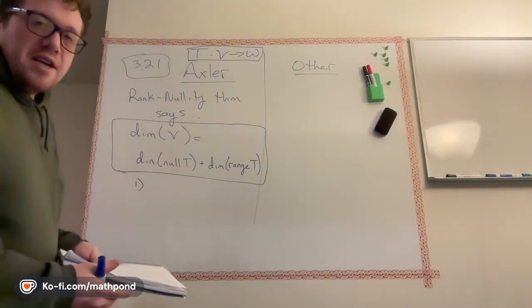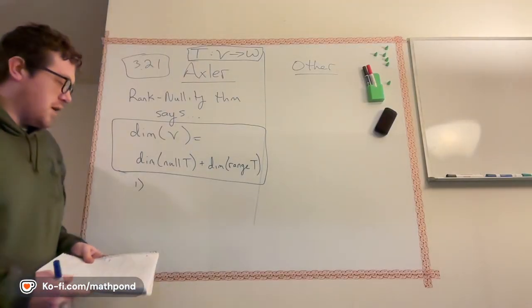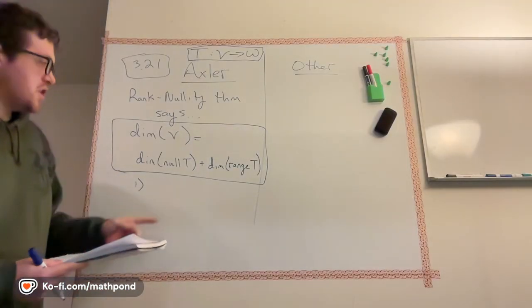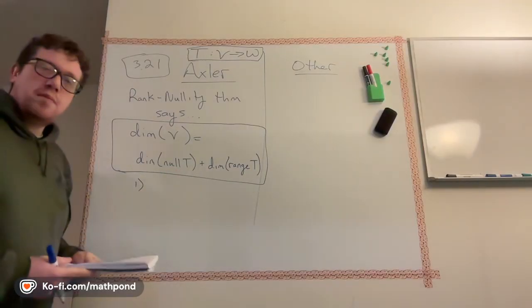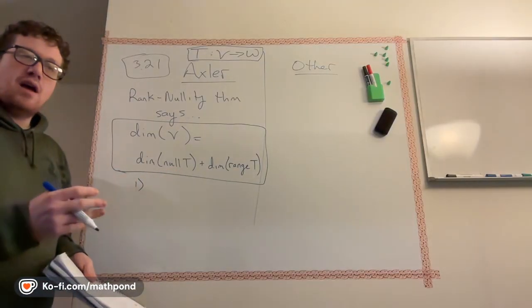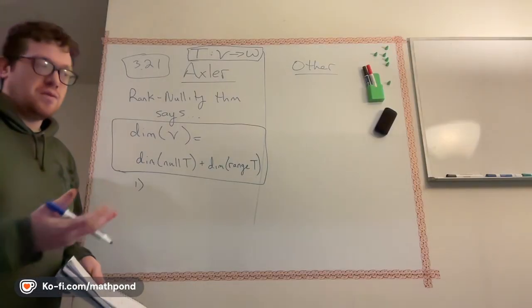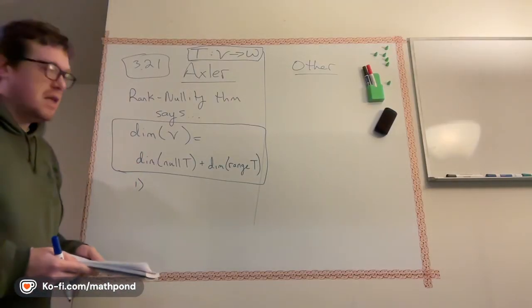So just to sketch Axler's argument here, he chooses a basis for the null space first, because he proved previously that every vector space has a basis when we're dealing with finite dimensional stuff.